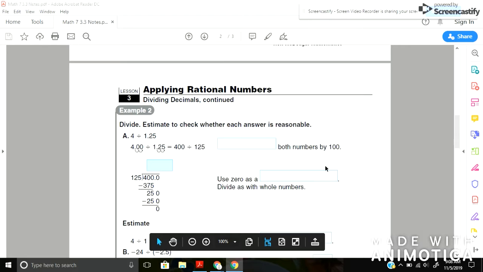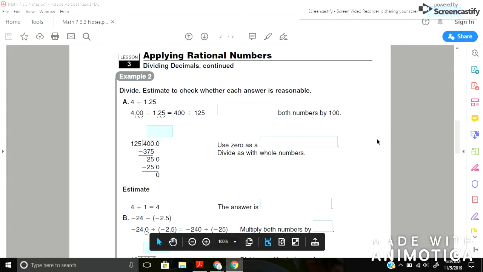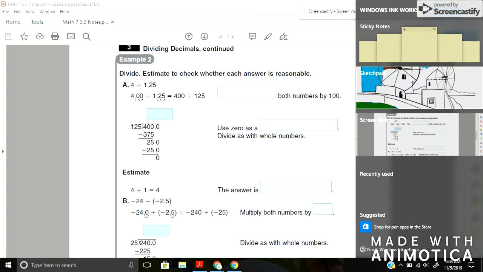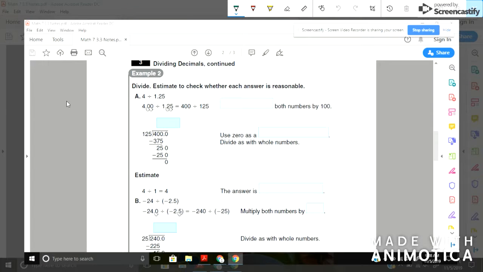And this time, you're going to see that we're going to be using a whole number. Okay, so we have 4 divided by 1.25. Again, your first number goes on the inside, 4 divided by 1.25. You'll notice I have to get my divisor to a whole number, so I have to move my decimal 2 spots.